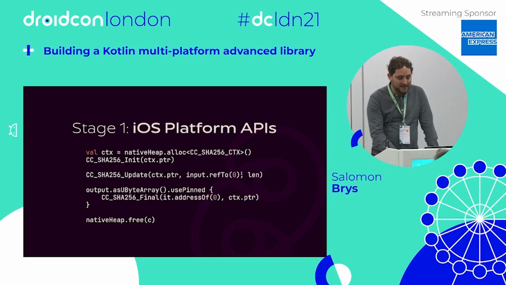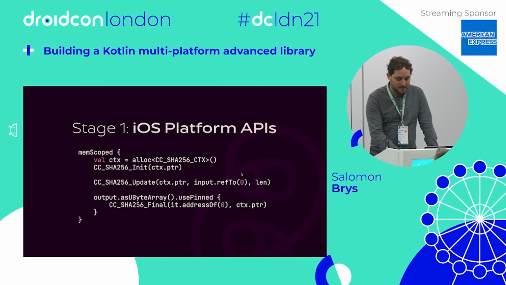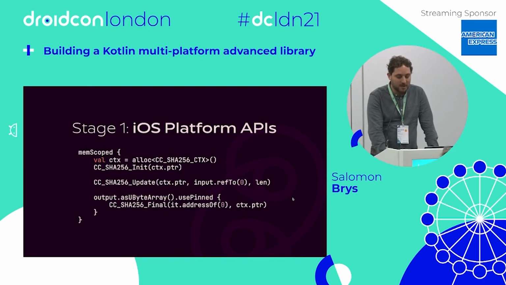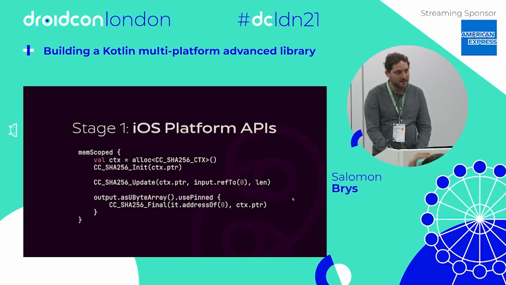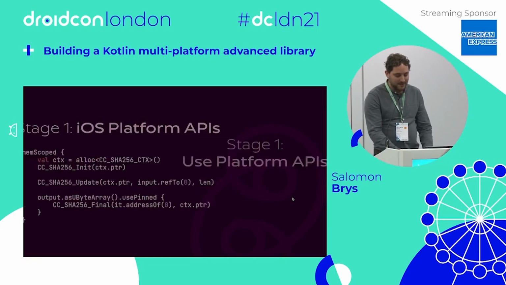And Kotlin provides a nice function called memScoped that allows you to forget to free objects, and it will free those objects for you. So as you can see, these SHA-256 init, update, and final are functions that are provided to iOS as an Objective-C API or a C API to iOS developers, and you can use them directly in Kotlin.